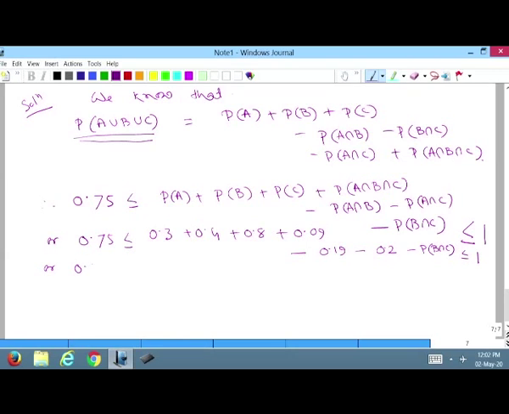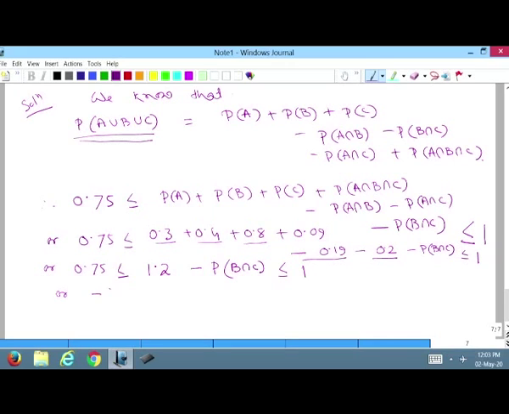Or, 0.75 is less than or equal to 1.2 minus probability of B intersection C, less than or equal to 1.